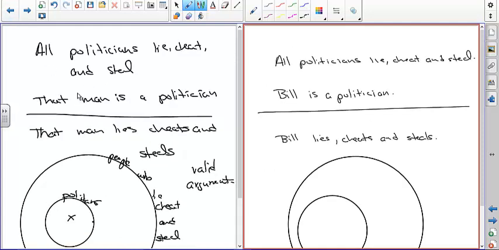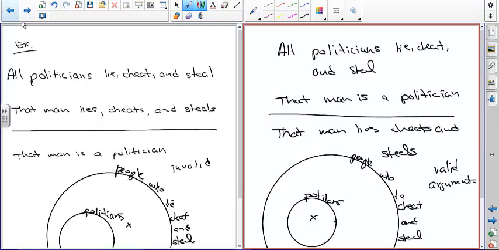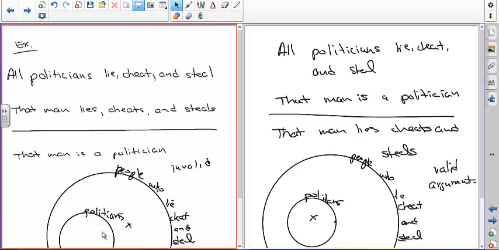All politicians lie, cheat, and steal. That man is a politician. Therefore, that man lies, cheats, and steals. That's the valid one. Where's the invalid one? All politicians lie, cheat, and steal. That could be true. That man lies, cheats, and steals. That could be true. And that man could be a politician. It's because he could be here or he could be there. We don't know.